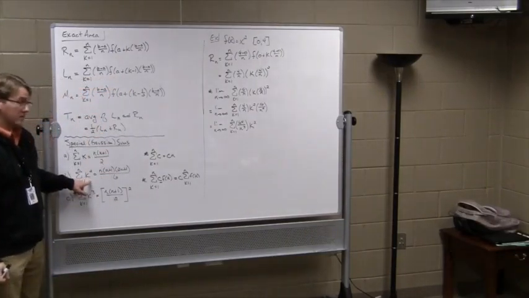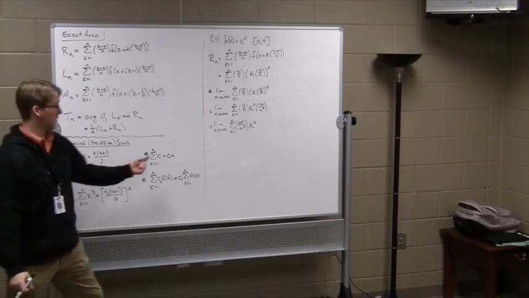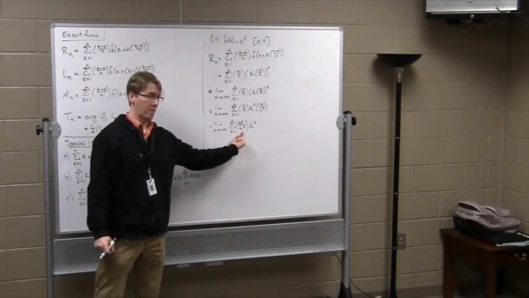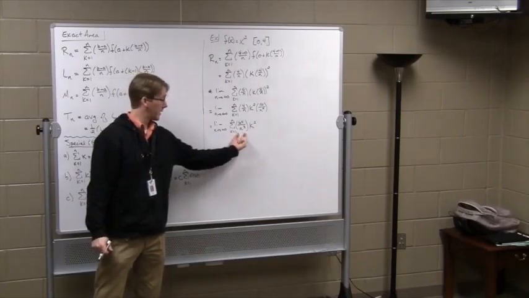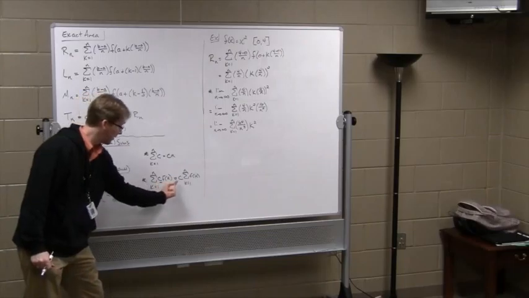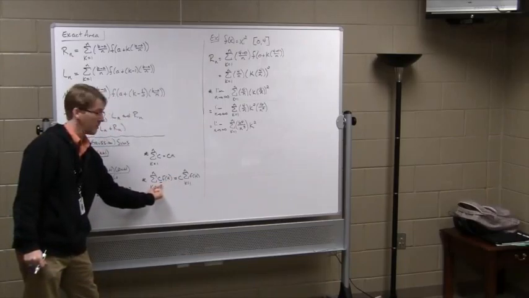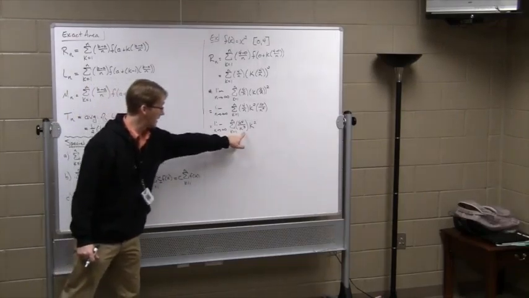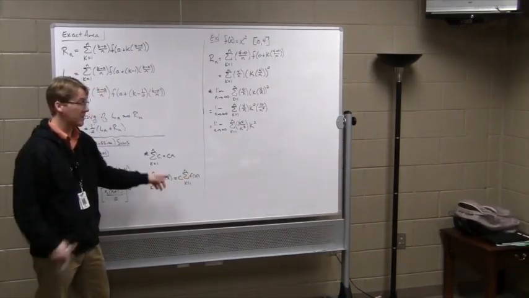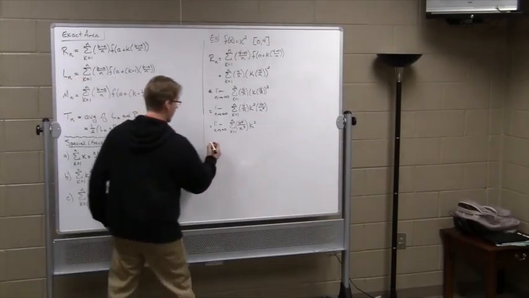The snag is the k squared, but the rest has nothing to do with k, it's just some random constant. So this little part right here is acting like our c, so we can just yank him out front, because he's not affected by k at all.